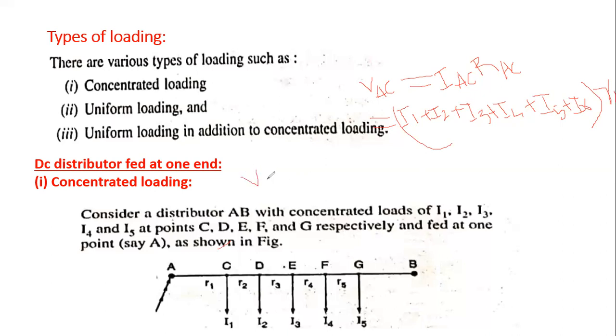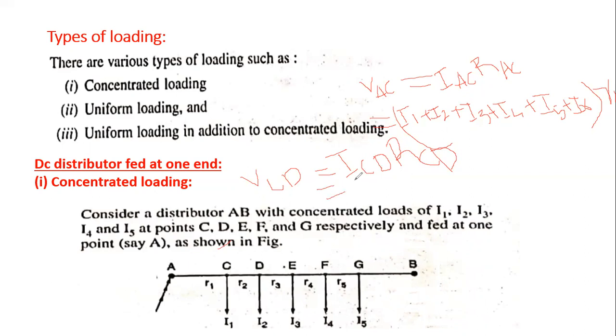Similarly, we can write the voltage drop at section CD. VCD is equal to ICD into RCD. What is the current in section CD?